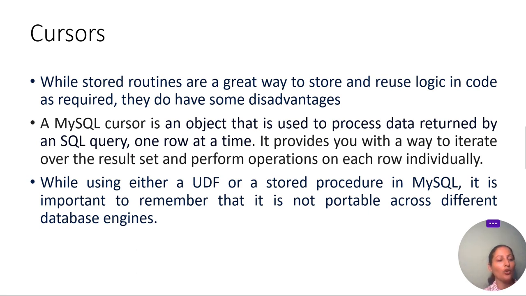So suppose you have a very complicated query that returns 100 rows, and you want to look at each row and do some very specific processing in each row. That particular row might be a loan processing. You are doing some specific checks, and if these things are true, then you say that the loan is approved.